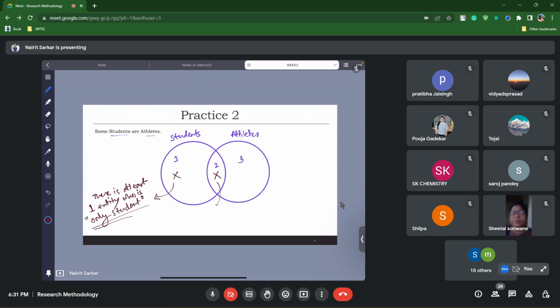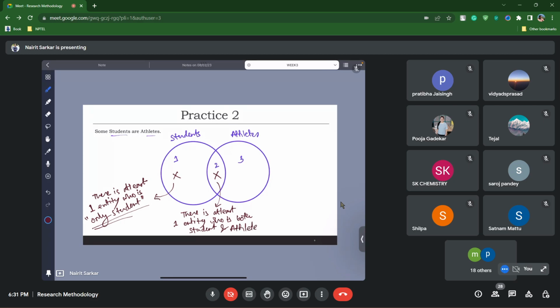But in this second section, sorry for my handwriting, there is at least one entity who is both student and athlete.